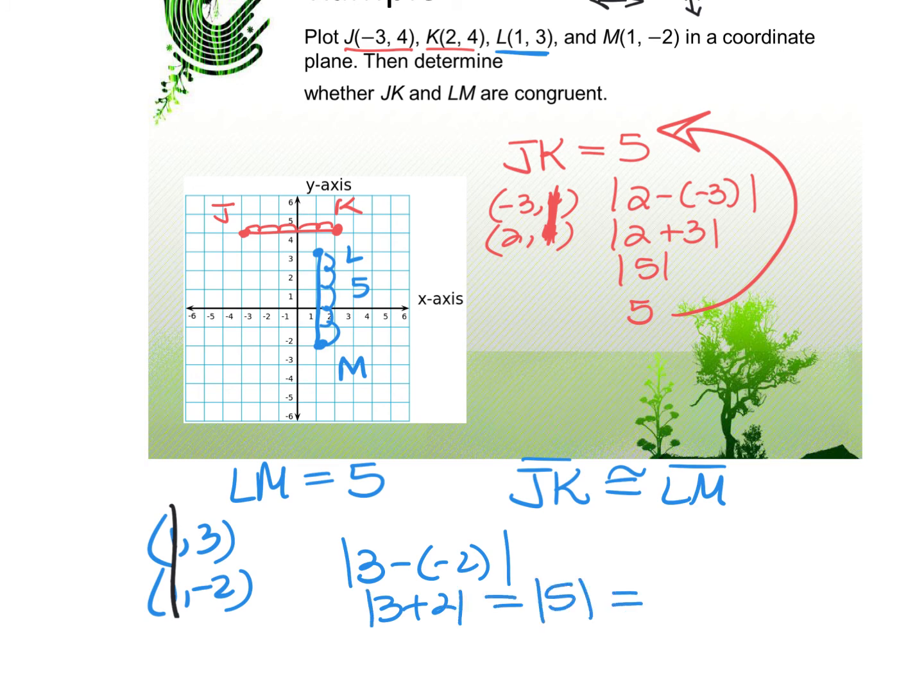Absolute value of 5 is 5. So you can get the distance or the length of that segment either by subtracting, finding the difference, and then absolute valuing it, or if you've got the coordinate plane and you've graphed them, count the little boxes.